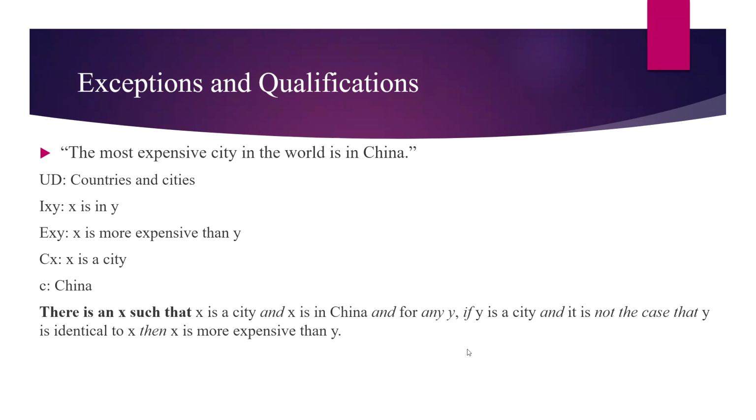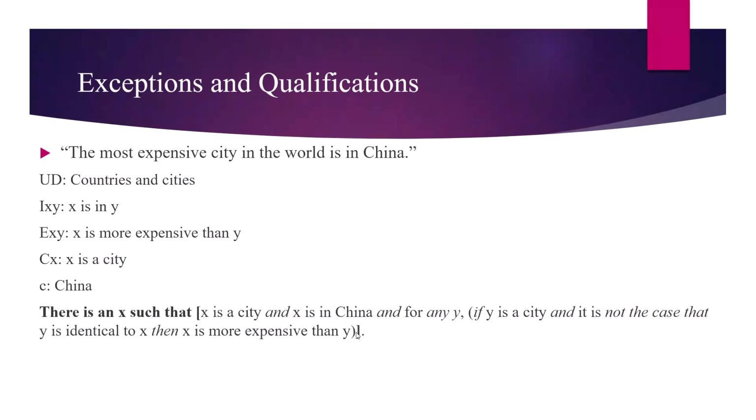We need to say that X is more expensive than any other city. So we need to add the negation of the identity claim to specify that we're talking about other cities. If we just said for any Y, if Y is a city, then X is more expensive than Y, then X would be a more expensive city than itself, which doesn't really make sense.